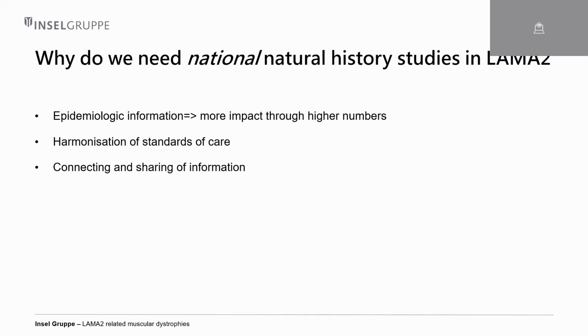This also helps if you have a national network. This also helps to have at least harmonized standards of care within the country. And also that you know each other, the physicians working together know each other. So there's an exchange, and this again helps a lot. And it gives the possibility to have national questions answered as well.